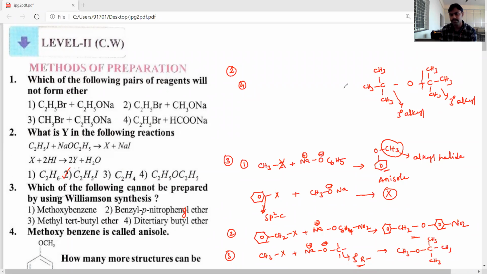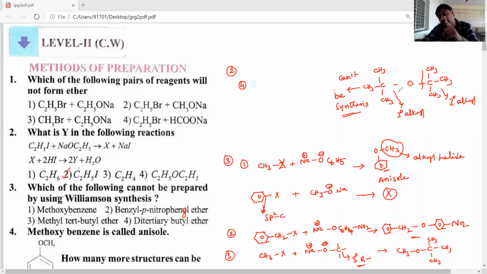Both tertiary alkyls are present. It cannot be synthesized by Williamson ether synthesis. We cannot synthesize it from Williamson ether synthesis. Both alkyl groups are tertiary only.